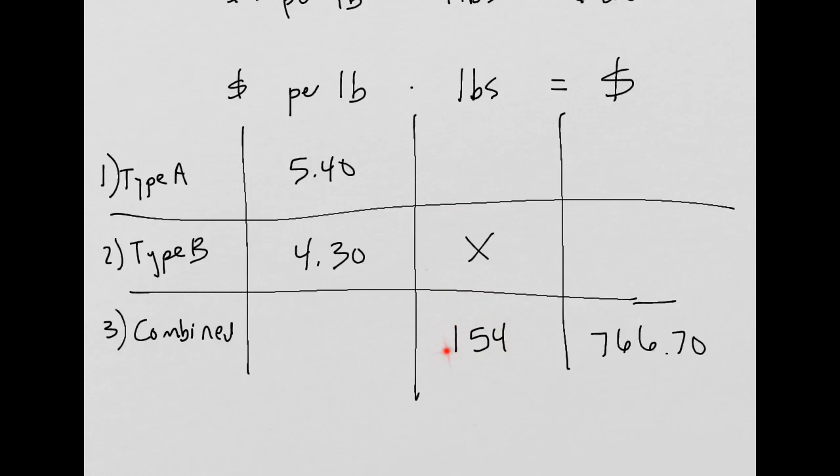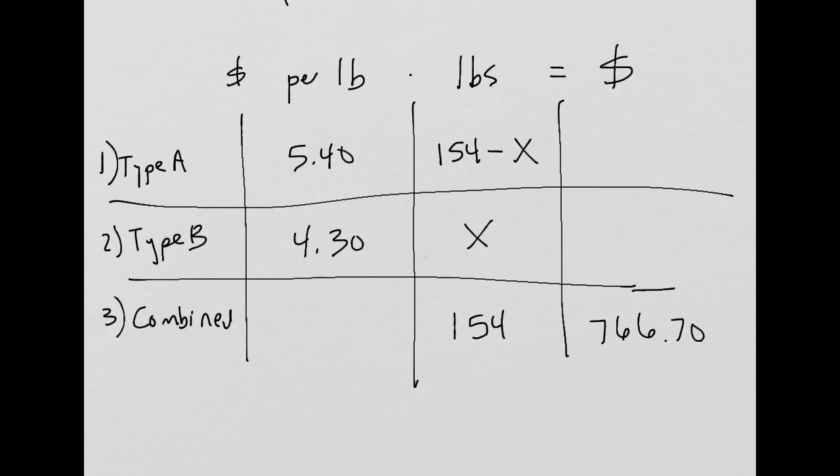Of that 154 pounds, X pounds are type B. So let's say, for example, we know that 50 of those 154 pounds are type B. How could I write an expression for the number of pounds of type A coffee? Well, if I knew that 50 pounds were type B, A would just be 154 minus the 50. Or in other words, A is going to be 154 minus the number of pounds of type B coffee.